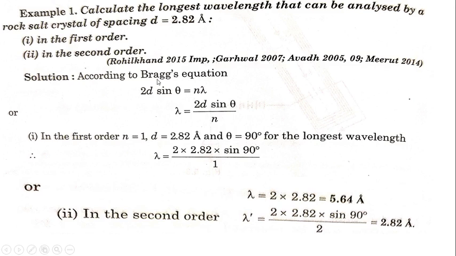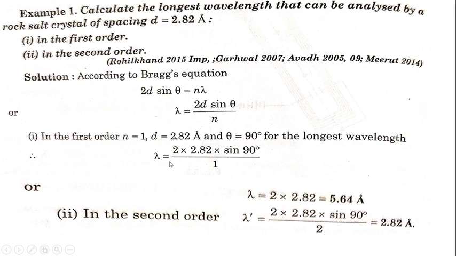So we know Bragg's equation, that is 2d sin theta equal to n lambda. Therefore lambda equal to 2d sin theta upon n. Now in the first order, that is n equal to 1 and d equal to 2.82 angstrom, that is given in our example, and theta equal to 90 degree for the longest wavelength.